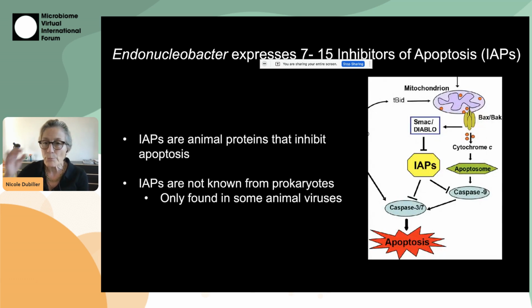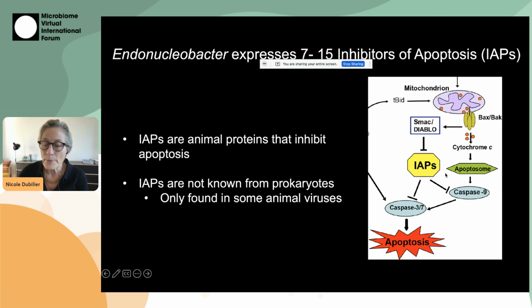The reason we were surprised is that these genes are only known from animals, and they're not known from any prokaryotes. They've only been found in a few animal viruses from insects, where the viruses have acquired them through horizontal gene transfer.